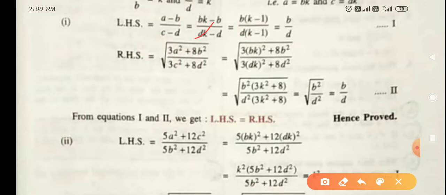Then b is common in numerator, d is common in denominator, (k − 1) and (k − 1) will cancel, so you are getting b upon d. In RHS also you put the value, and after simplifying these two brackets you can cancel under root b² upon d², it is coming b upon d. So from first and second equation you can say LHS equals RHS. So like this you can solve all the questions.